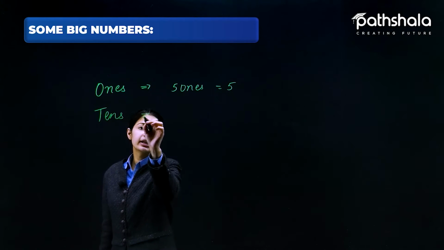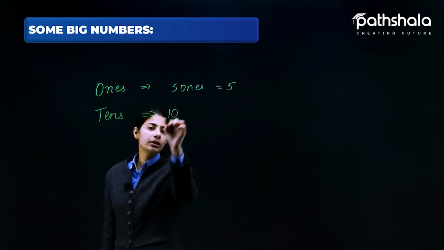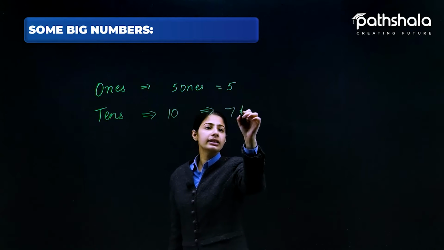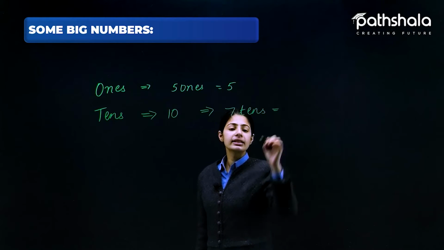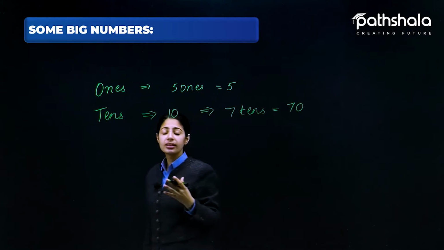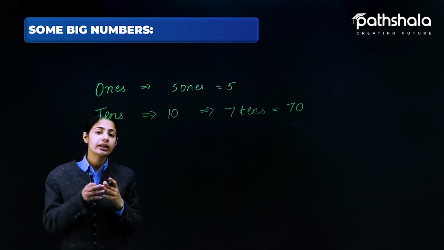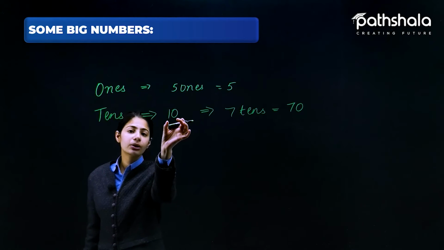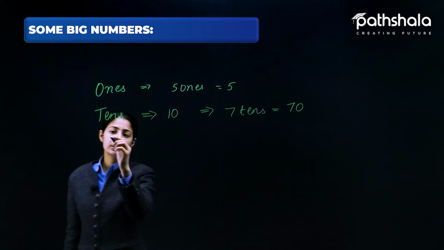So tens, it is written as 1 with a 0. For example, 7 tens. So 7 tens is written as 70. 5 tens is written as 50. 3 tens is written as 30. And in tens, we have 1 with a single 0.